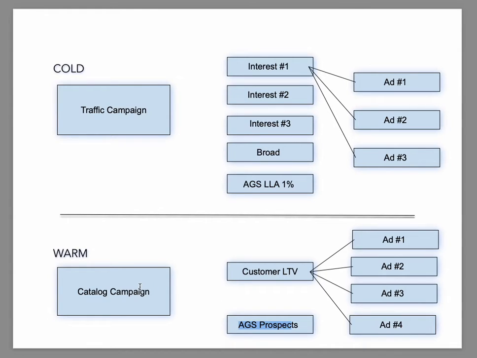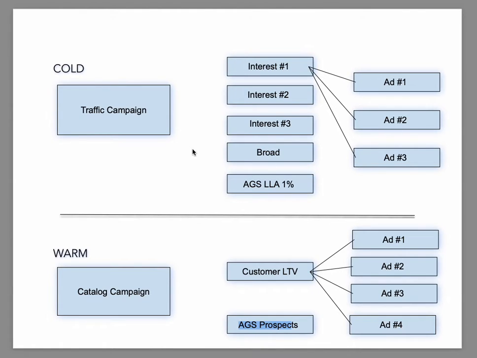So in general, you want to do 80% of your budget cold, 20% of your budget warm. So 80% up here, let's say you have $100 a day to spend. This will be $80. So divide it by these 5 ad sets and then 3 ads in each.